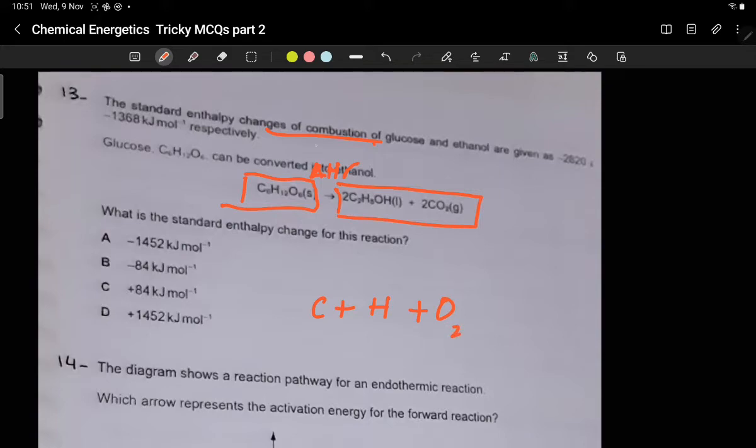Combustion products are carbon dioxide and water, because enthalpy change of combustion is given.